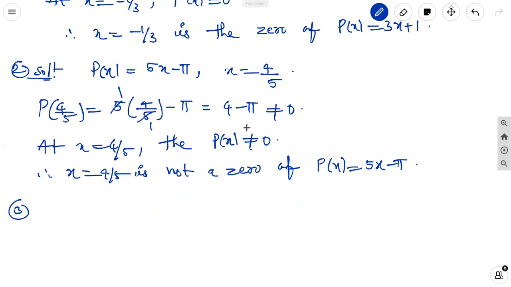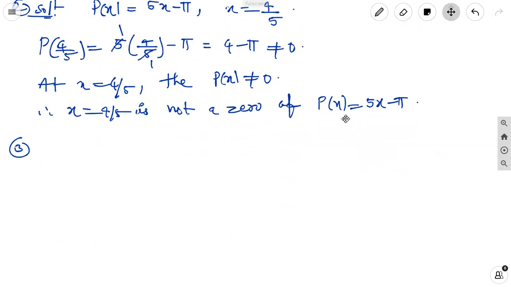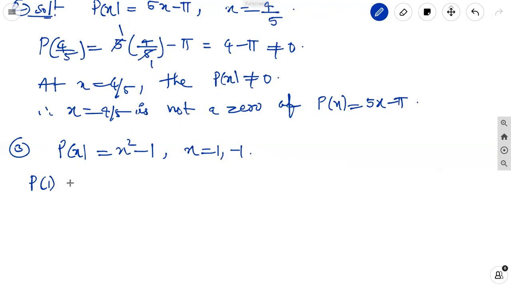In the same way, we can solve all these 8 questions. The given question, third one, P of x equal to x square minus 1. Here they have given the x values as 1 comma minus 1. First, P of 1 is equal to 1 square minus 1, that is 0.